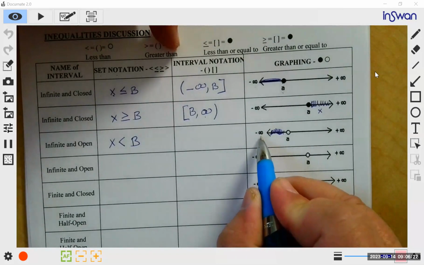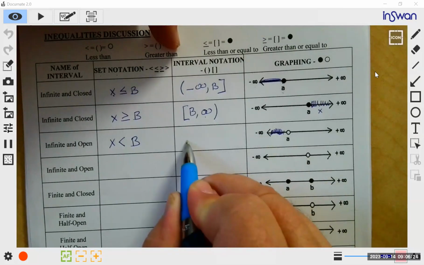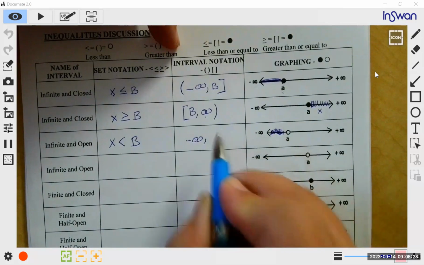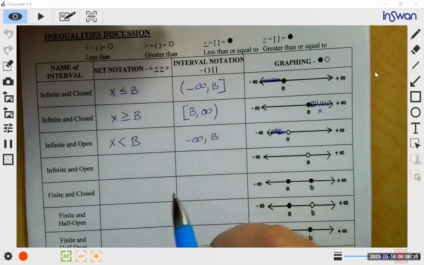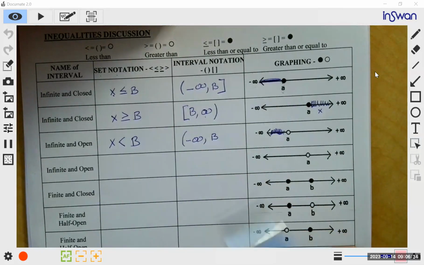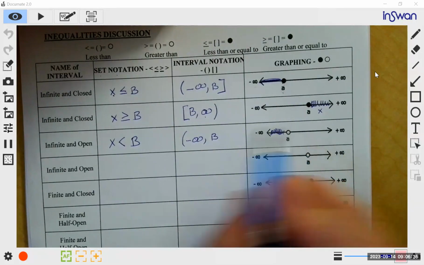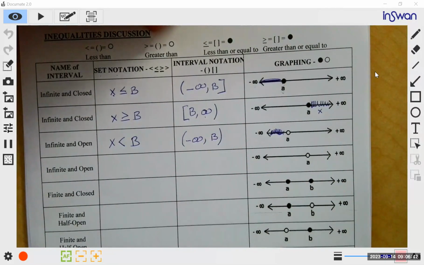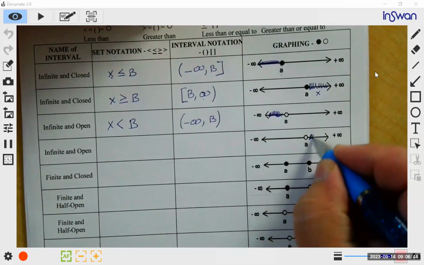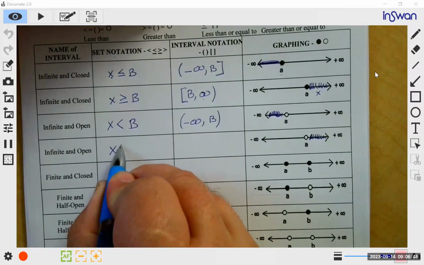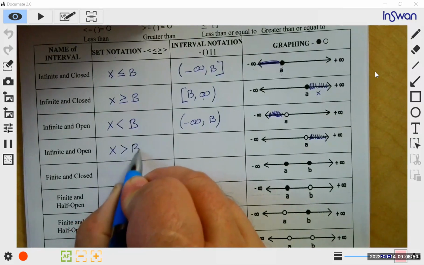The interval notation is my interval begins at negative infinity and ends at B. Open, always on, but since I cannot use B, it's an open circle, I use a parenthesis. Likewise in this one, X is going to be strictly greater than B.